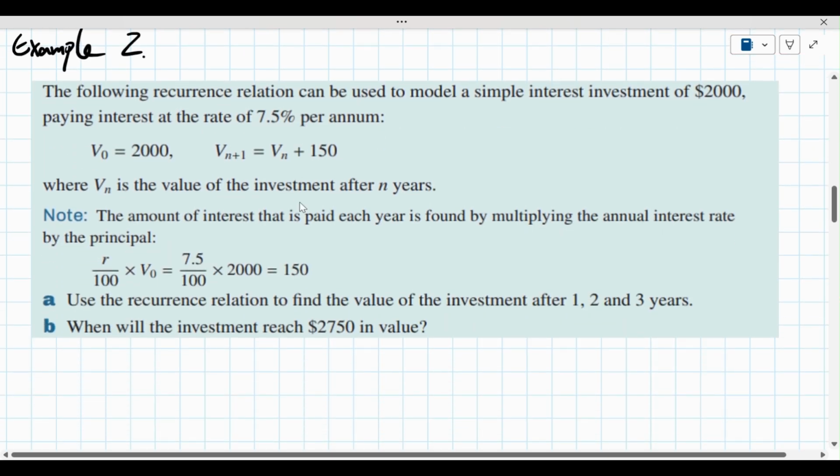Example 2. Now you have the following recurrence relation, and we're going to work out what they're asking.